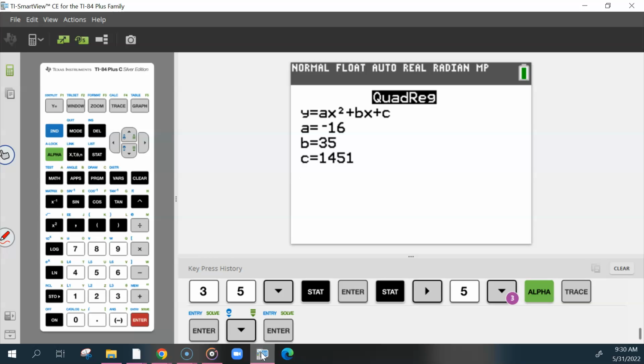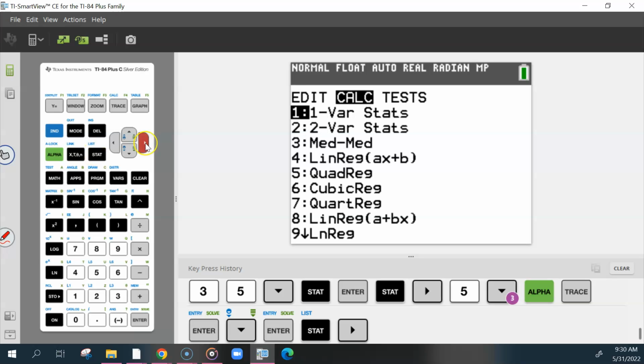So adding is the one press now. Go back into stat to calculate number 5.